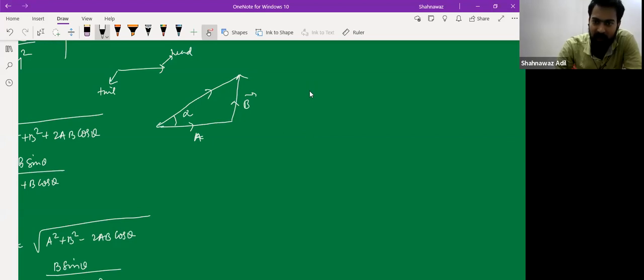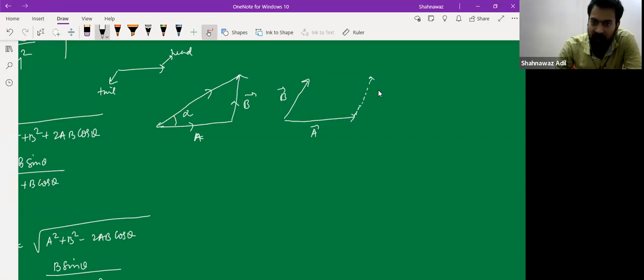But what about the parallelogram law? Let's say you have vector B and vector A. You take this B and you take it here, and you draw a parallel exactly with the same magnitude and direction as B at the head of this vector.